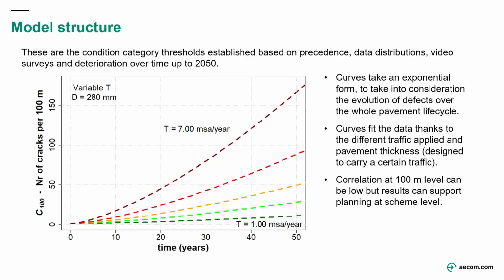So for example, if now we are on a pavement that has 10 years life and we want to predict what this will be 20 years afterwards, we basically will have to go along the line and say, okay, this pavement is expected to have this many cracks in this many years.